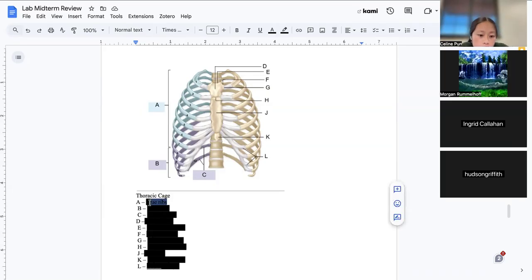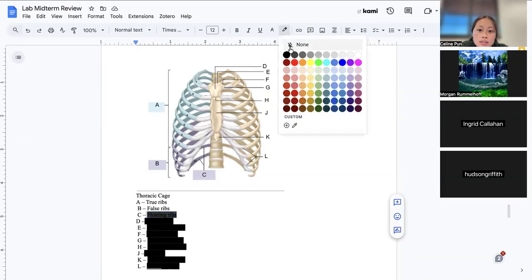A is called the true ribs, and B are the false ribs. And then C are the floating ribs.